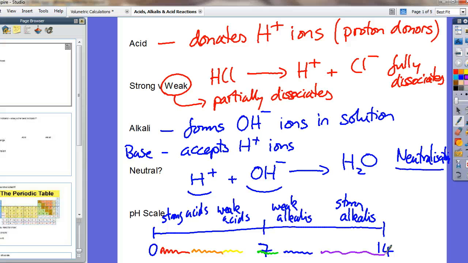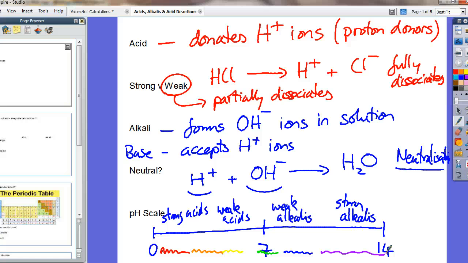Students that I teach say universal indicator is the best indicator you can use, because obviously it tells you exactly where on the pH scale our substance is. But that's not always the case. Sometimes we want to know simply if a substance is acidic or alkali. We don't want to know the middle ground.